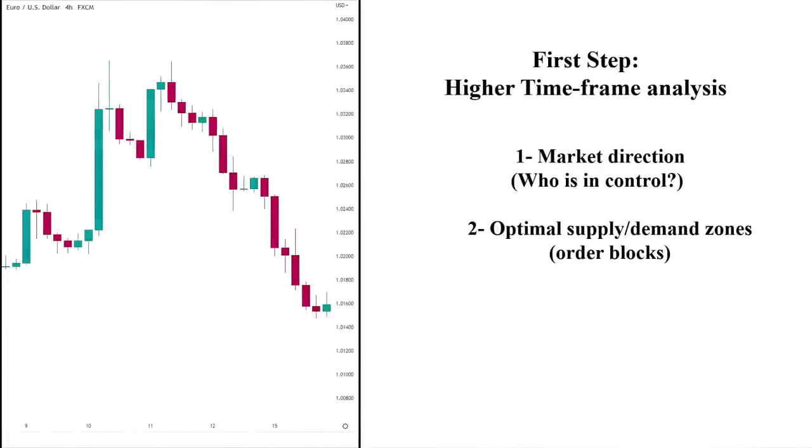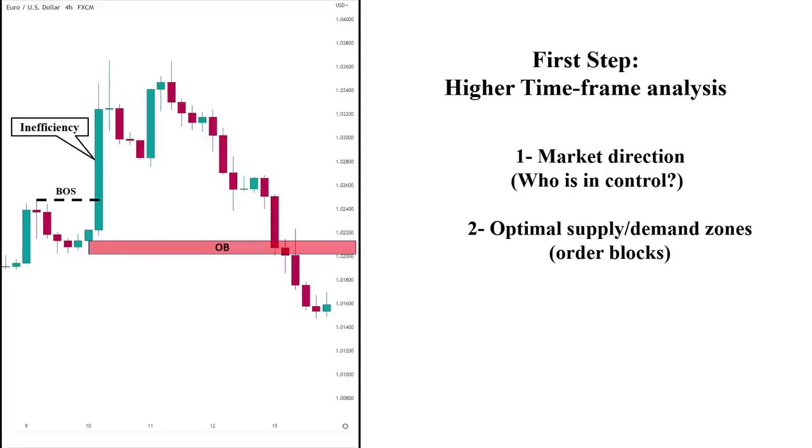Analyzing the market structure in higher timeframes. As I mentioned before, we only look for 2 factors: market direction, who is in control, and optimal supply and demand zones or order blocks. Look at this example of Euro-Dollar on the 4-hour time frame. Starting from the left, we can see that we have a break of structure with inefficiency, so we have an order block.